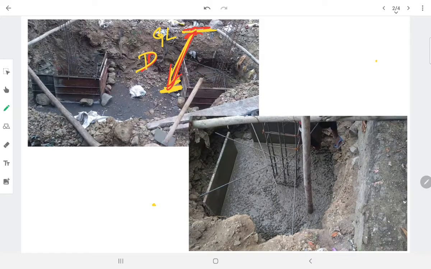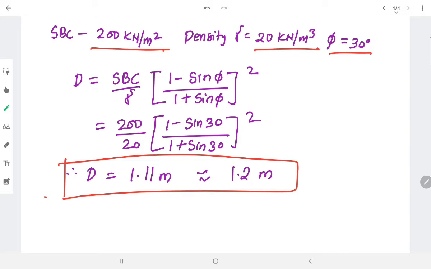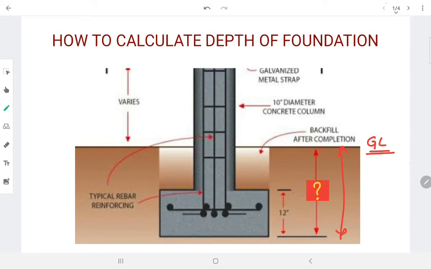In this condition, where SBC is 200 kilonewton per meter square, density is 20 kilonewton per meter cube and phi is equal to 30 degrees, the depth of foundation will be minimum 1.2 meter. In this way we will calculate the depth of foundation.